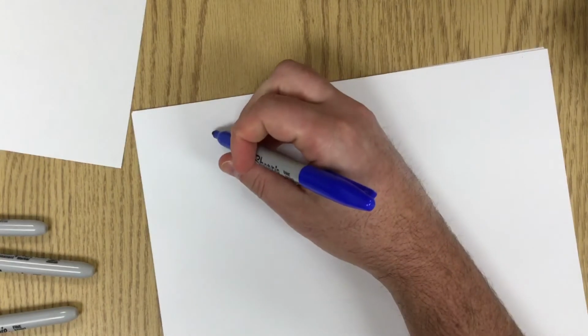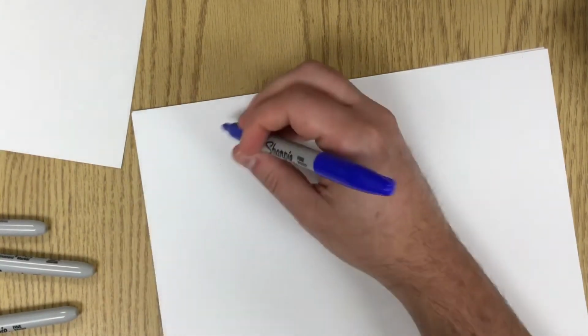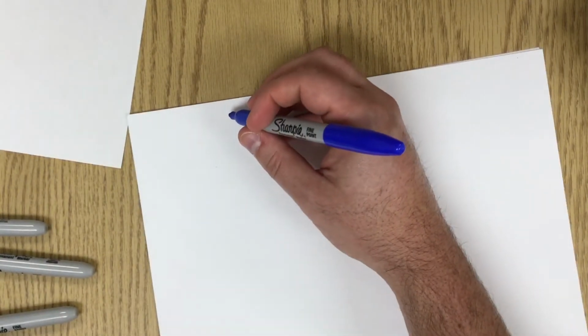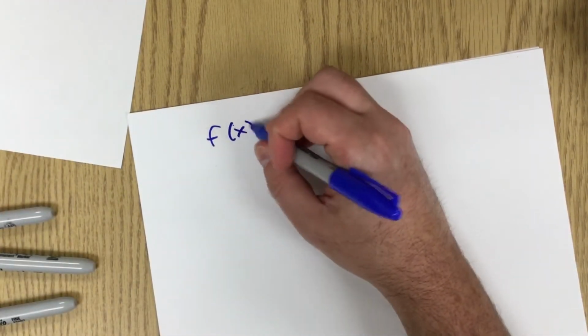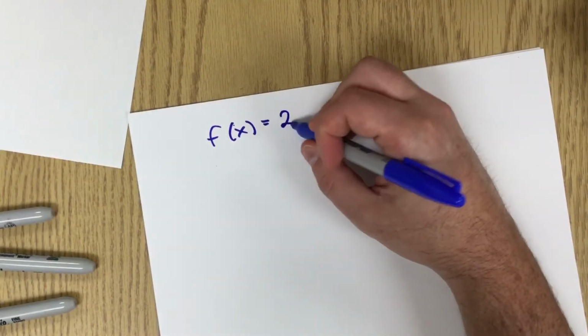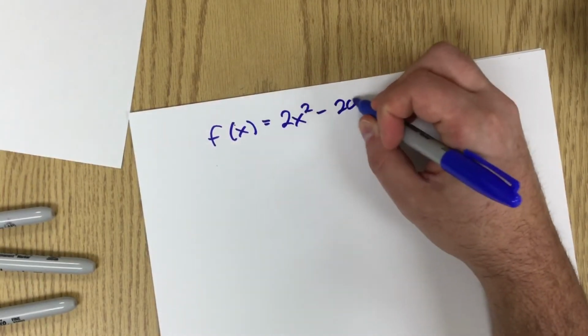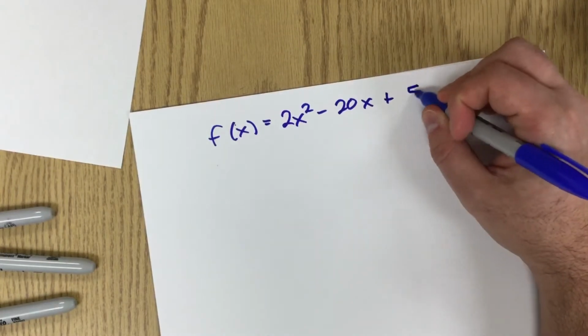Let's say instead we do the same thing for f of x equals 2x squared minus 20x plus 50.